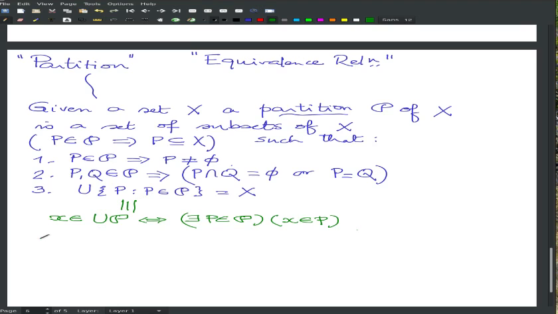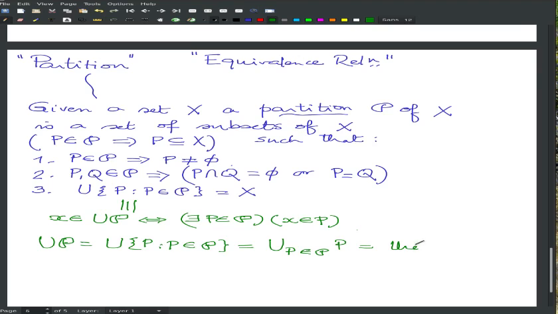So the union of P has another notation, this. Or some people, or we'll also write it sometimes like this. What is this?